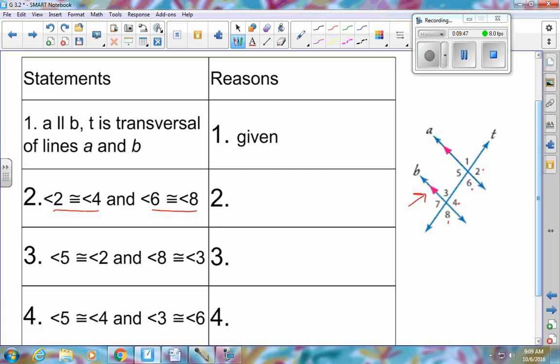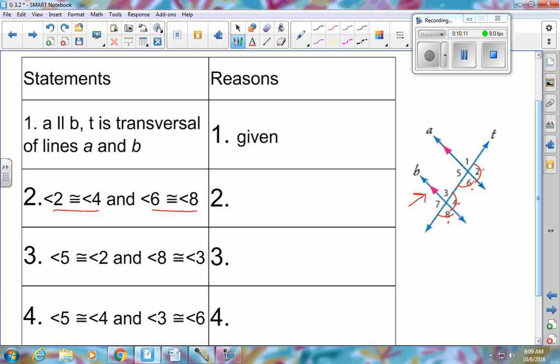Well, if we look at 2 and 4, those are actually corresponding angles. So if you look back on your corresponding angles postulate, we know that those are going to be congruent. And looking at 6 and 8, those are also congruent. Now, one thing here we have to be careful.